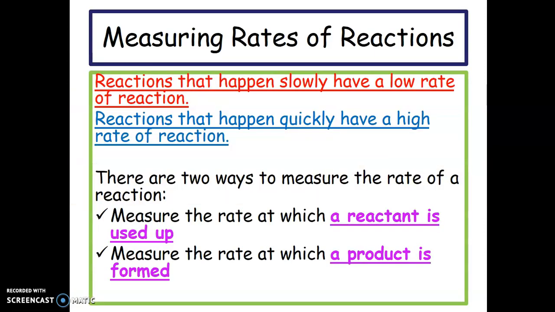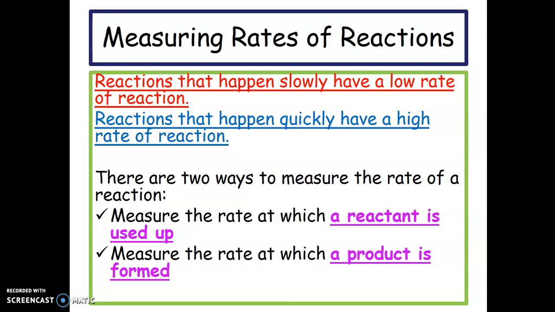Now we can measure the rate of reaction to investigate the effect of the different factors that we've mentioned. Reactions that happen slowly, we talk about having a low rate of reaction. Reactions that happen quickly, we talk about having a high rate of reaction. So there are two ways we can measure that. We can either measure how quickly, or the rate at which, a reactant is used up.